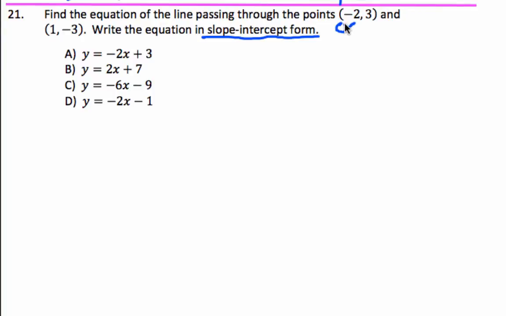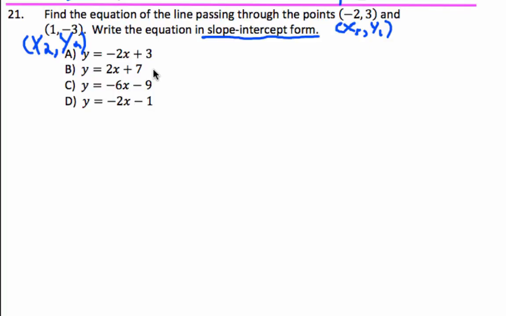So instead of just calling both points x and y, in which case we cannot distinguish between the two, let's call this point x1 comma y1, corresponding to the first point they gave us, and x2 comma y2, corresponding to the second point they gave us. Now the 1 here is not being multiplied, it's just a subscript.